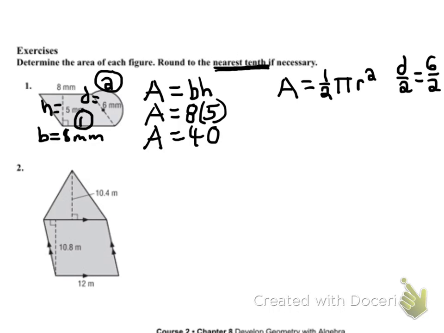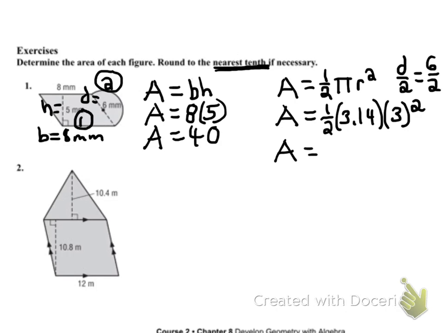So the area equals 1/2 times 3.14 times 3, and don't forget we have to square it. If we multiply all the numbers together, 3 squared is 9 times 3.14 divided by 2 will give you 14.1.